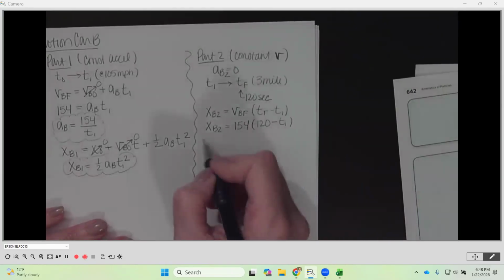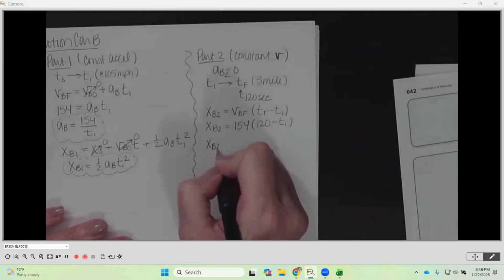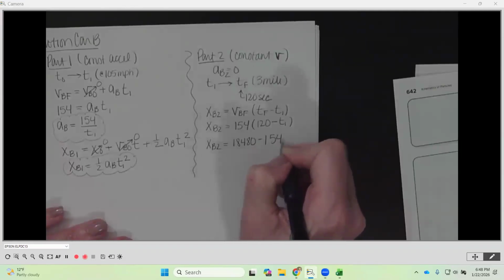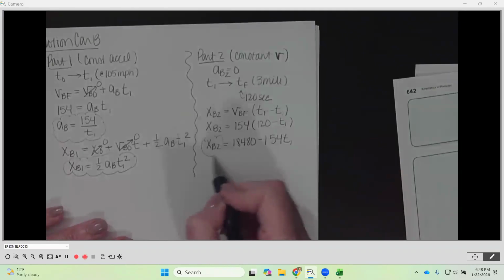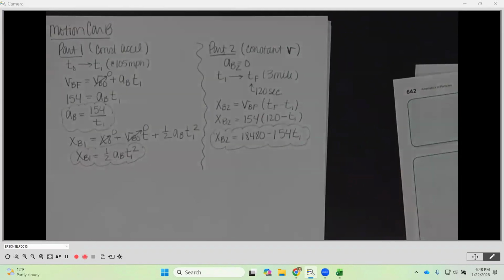So if we look here and we multiply, we distribute that 154, we're going to get XB2 equal to, and double check my numbers here, 18,480 minus 154 T1. And that's where we stop.